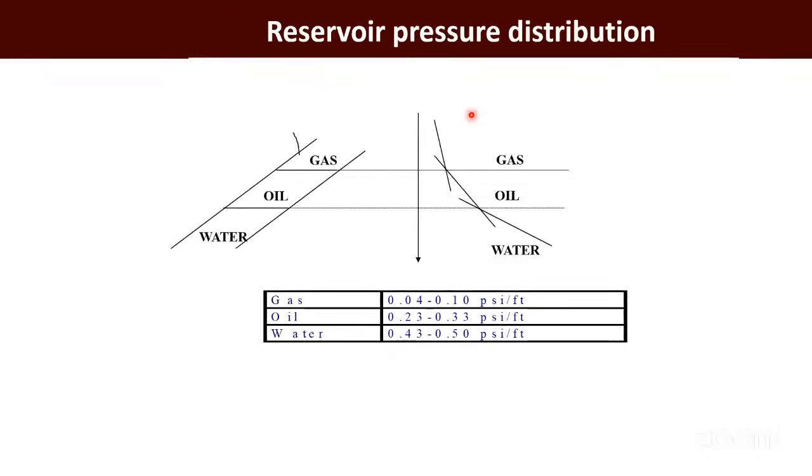Also, from the density, gravity, and the capillary pressure, we tend to have gas above oil and the oil above the water.